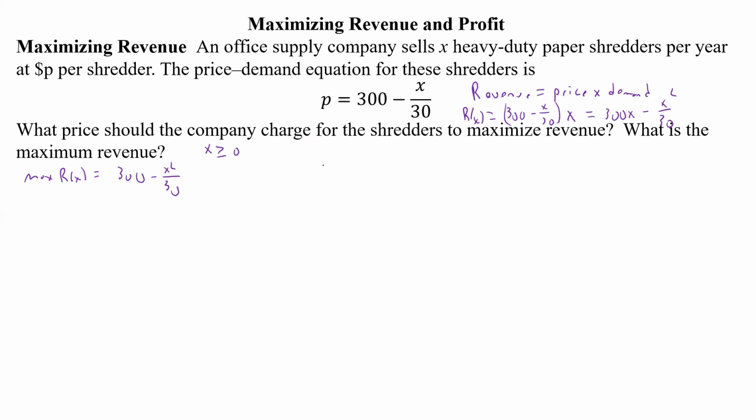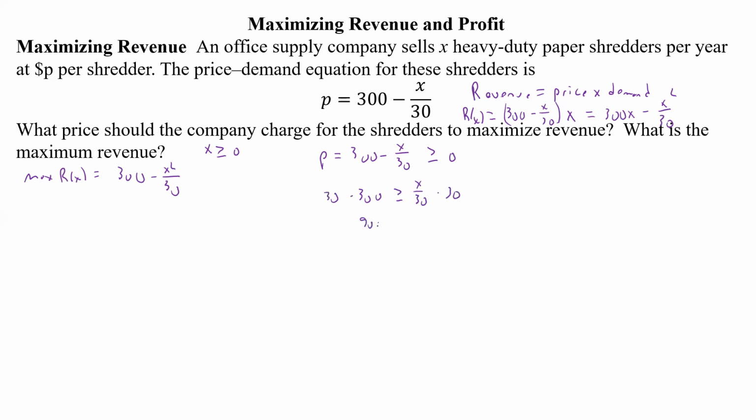Let's take P equals 300 minus x over 30, and we want it to be greater than or equal to 0. If we solve this, we can take this x over 30 over here. So we have 300 greater than or equal to x over 30, multiplied by 30.